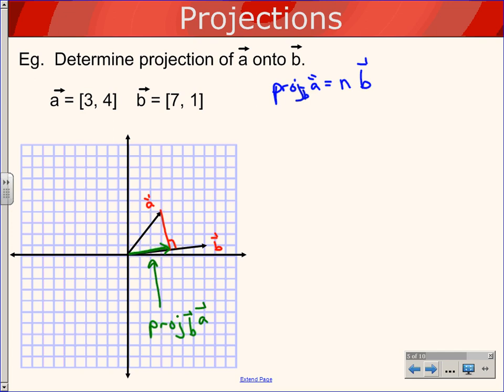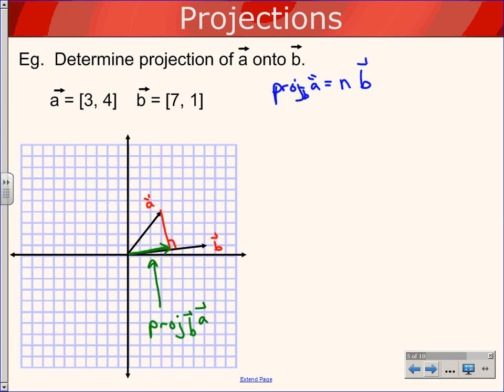N has to be some number between 0 and 1. That's not always the case, but in this case, at least we can see that N's got to be between 0 and 1. It's some number that's going to scale vector B up or down. So it's not a real quick process to get it. What we need to do is we first are going to try and figure out the magnitude of that particular green vector, so just how big it is.